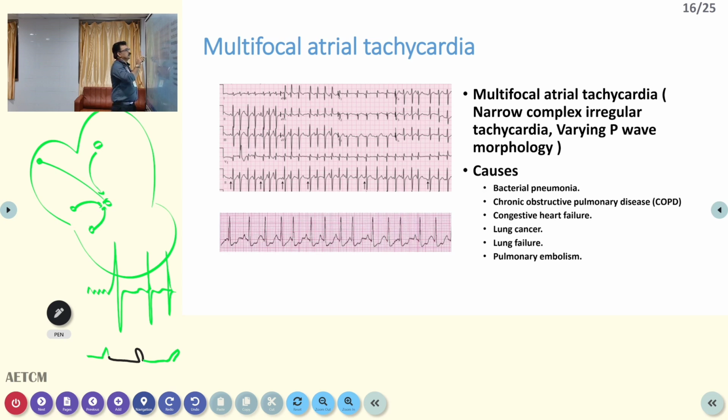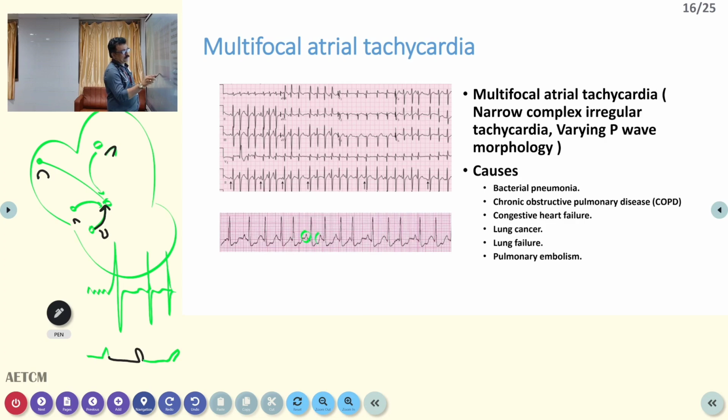Suppose this P wave is produced like this, a normal P wave. This P wave will be slightly different in morphology. This may be smaller, and this one may be inverted because the flow is from down to up. So if you see more than three different P wave morphologies in an ECG rhythm strip, you can possibly diagnose multifocal atrial tachycardia.